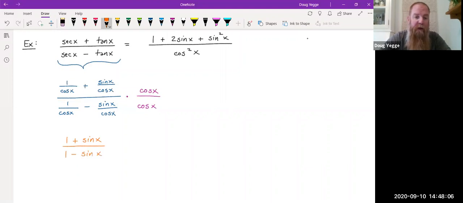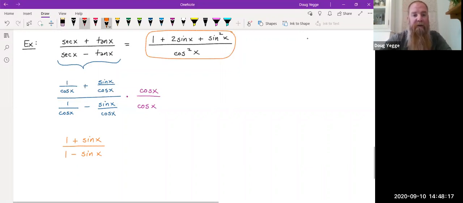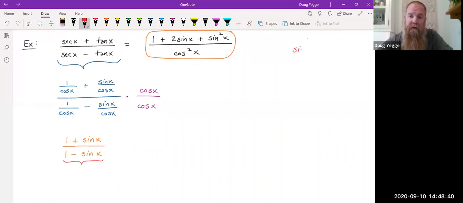Now, before moving too far ahead, I'd like to take a look at what our goal is. Our goal is to make this happen. The thing that's nice is I already see a 1 plus, like I'm supposed to. And I also see a sine x, but I see other terms involved up here. Likewise, I need to somehow get a cosine squared x in the bottom, and I don't see anything being squared in the bottom. And I see sine of x. So I'm going to remember an identity that says sine squared x plus cosine squared x is equal to 1.